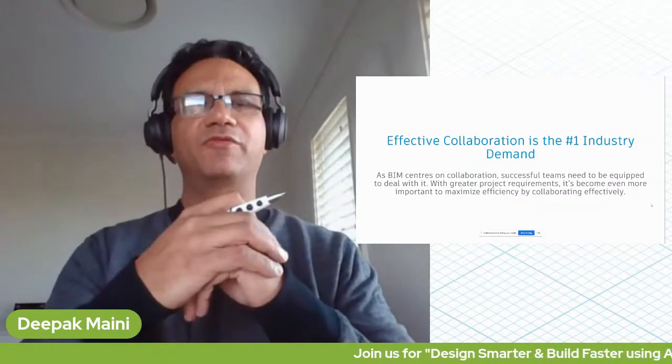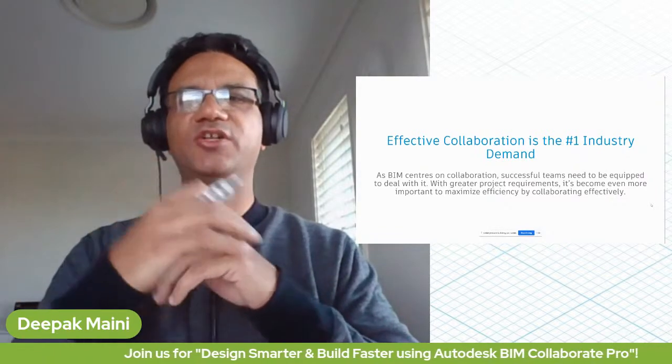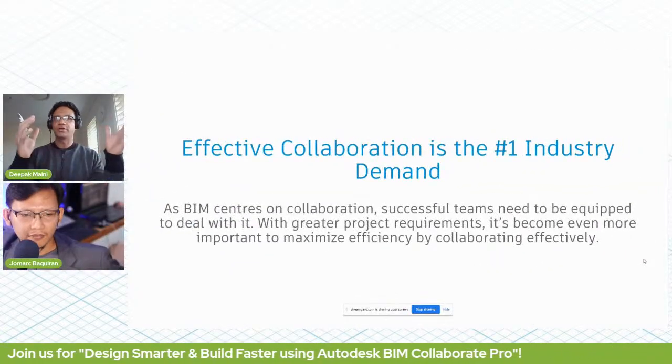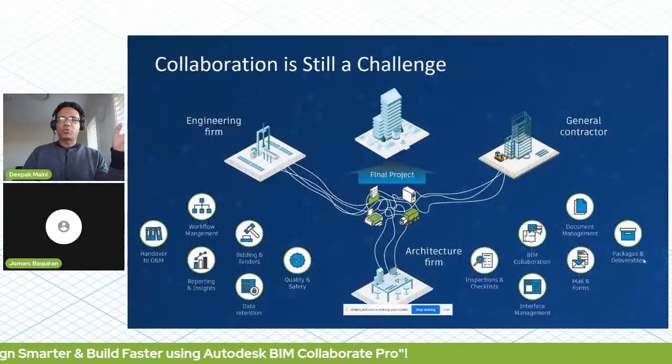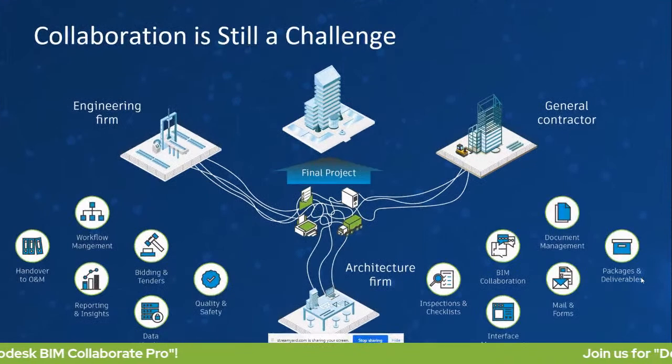And because BIM, which is Building Information Modeling, centers on collaboration, the teams need to be equipped to deal with it no matter what. The problem, though, is that collaboration is still a massive challenge in the industry.